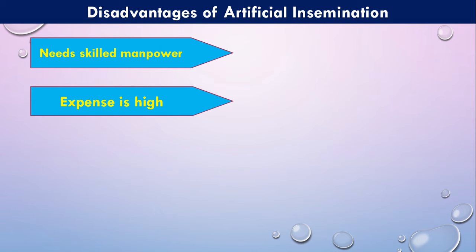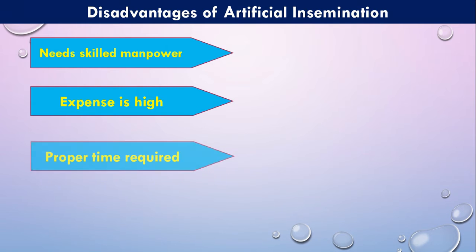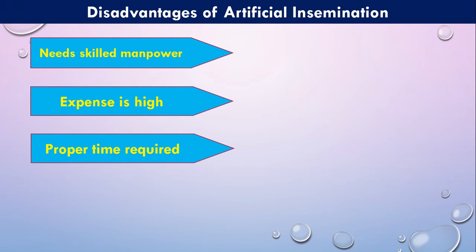Not every farmer, or a poor farmer, will be able or capable to continue artificial insemination. Proper time is required. Otherwise, if the semen is not used in proper time, the semen activity will be destroyed. That is why proper time is required.